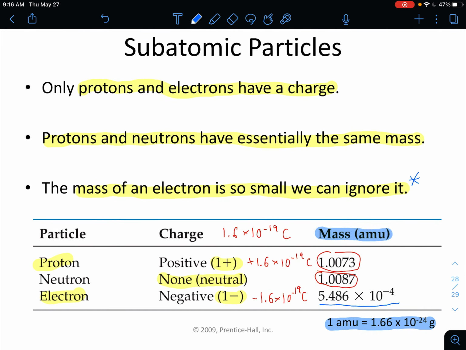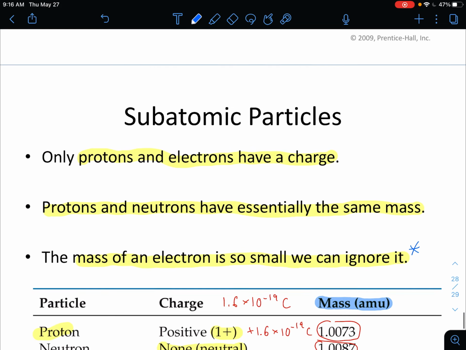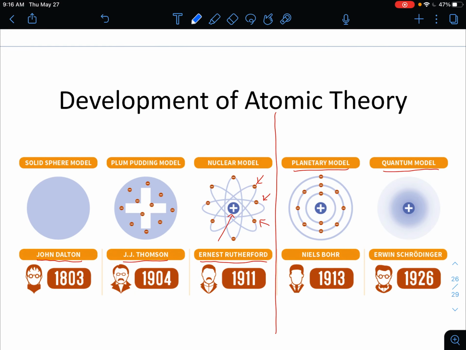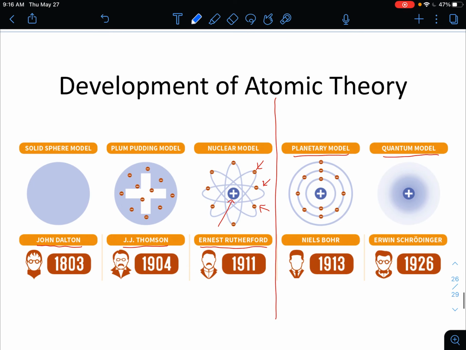So that's the end of chapter 2, part 1. More or less, that's the picture of the atom that we're going to work with for the next few chapters. Somewhere between the nuclear model and the planetary model, and we'll talk about how those are actually different once we get to that section. But a general picture of a positively charged nucleus and negatively charged electrons circulating around it is the picture we want to have for the atom going forward.